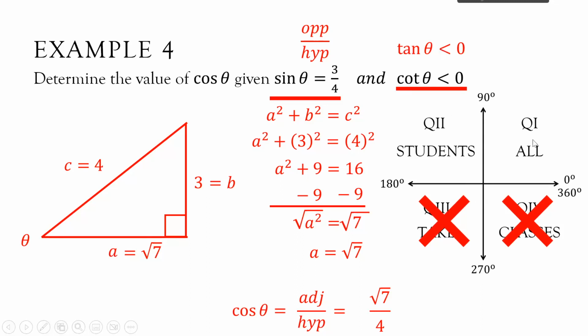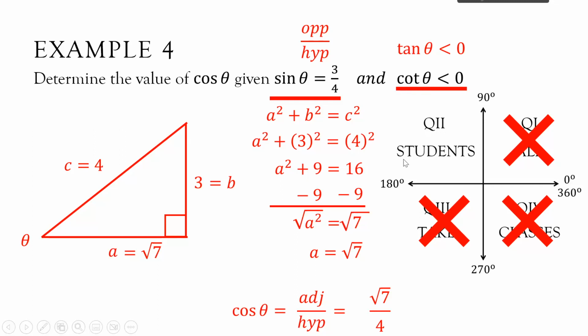Where is tangent negative from the remaining quadrants? In quadrant 1, everything is supposed to be positive, so I can't be in quadrant 1. And in quadrant 2, yes, tangent is negative because only sine and cosecant are supposed to be positive. So if I know I'm working in quadrant 2, is cosine positive or negative in this second quadrant?